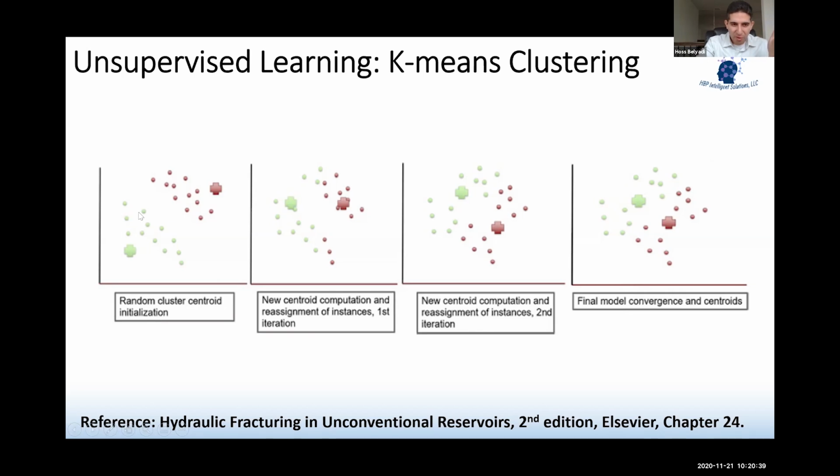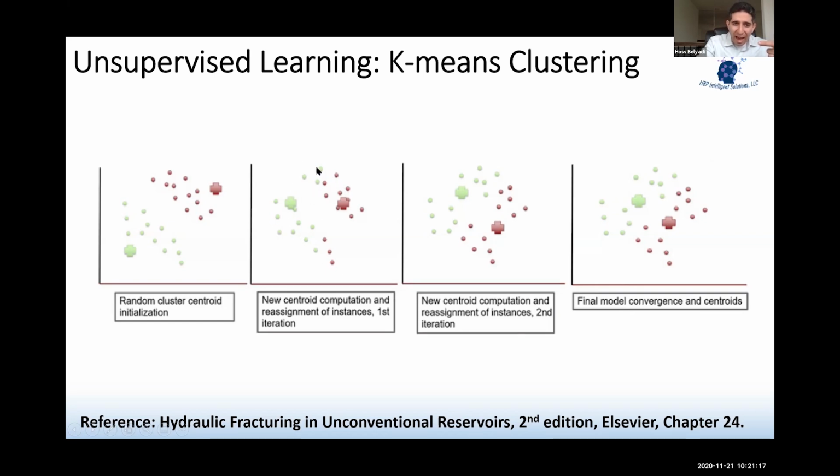And then you do the same thing for every other point. Then you take the average of all these instances within that cluster, and then you move this cluster centroid to the average. Okay. Same thing. You take the average of all these instances, you move this cluster centroid to the average, and then you start over again. Then you take each instance and measure the Euclidean distance to each cluster centroid, from here to here, from here to here, and then reassign these instances to green and red.